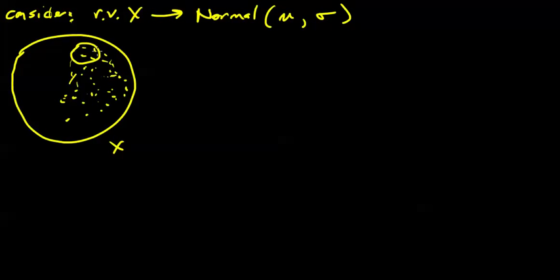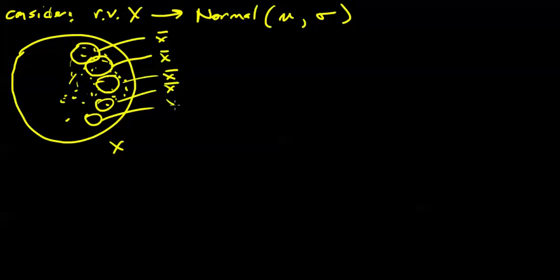I'll compute the mean and record it. Then I'll throw the sample back. I'll take another sample. It may or may not overlap the original sample. I'll compute that sample mean. I'll take another and another and another sample of size n and compute all these different sample means.